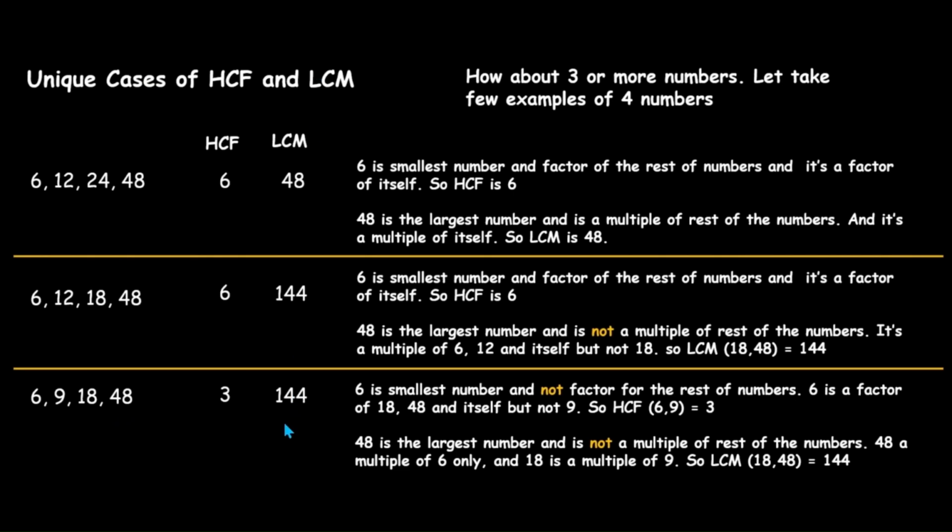So whenever the group of numbers happens to be factors or multiples of each other, if we keep these points in mind, it may save some amount of time for you to calculate HCF and LCM.